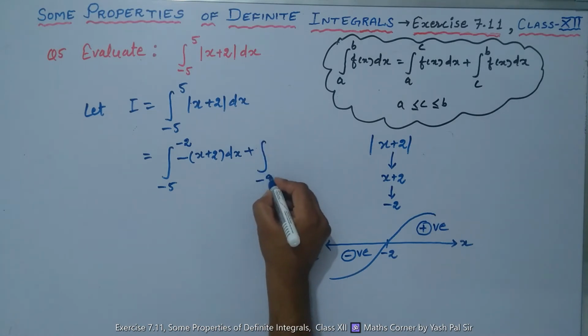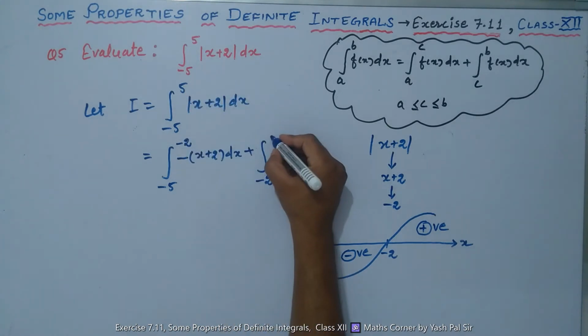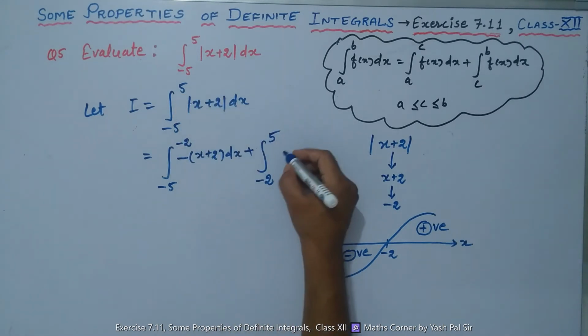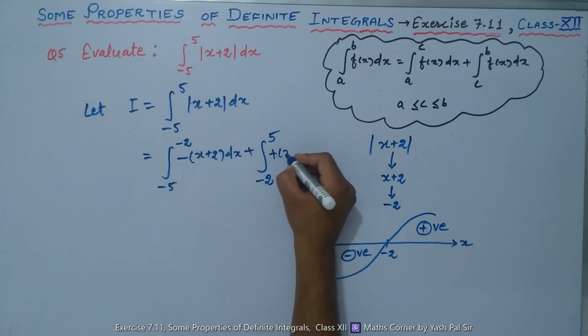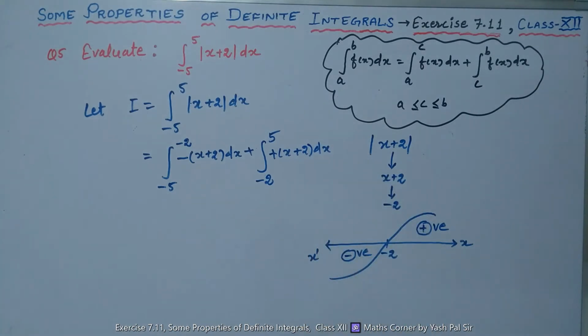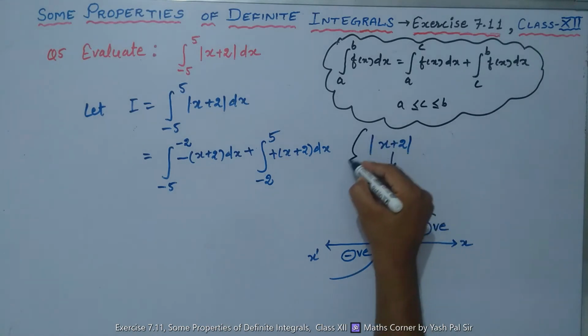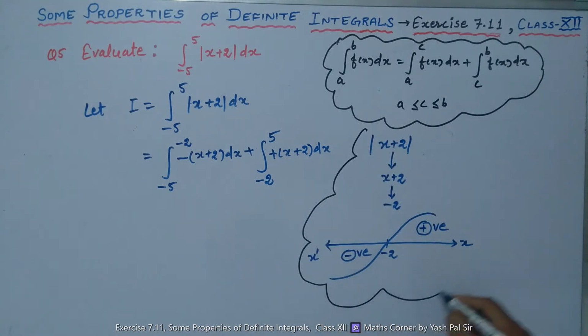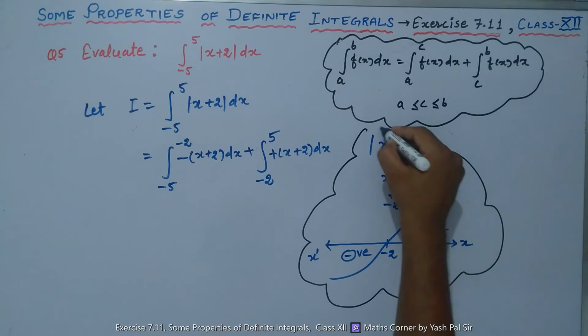So minus 2 to the next upper limit, 5. This is positive here, x plus 2 dx. So this way what we are doing, this is the rough work.